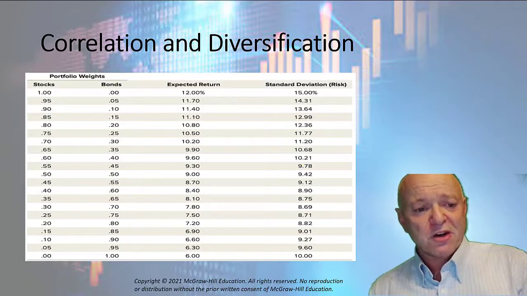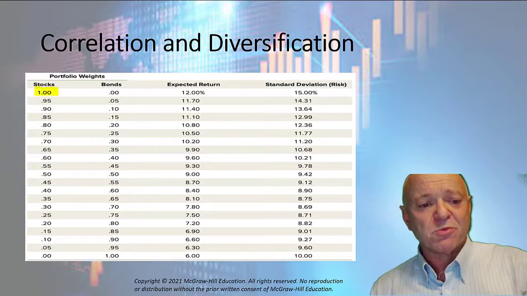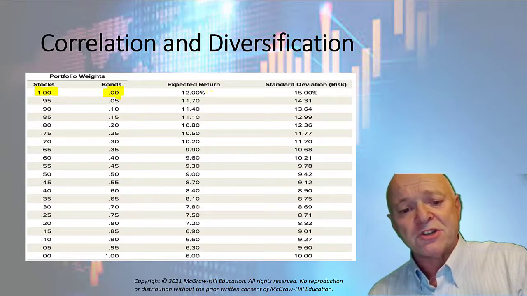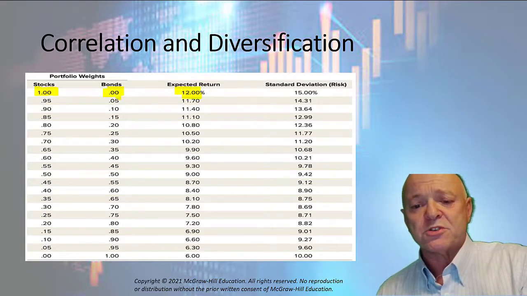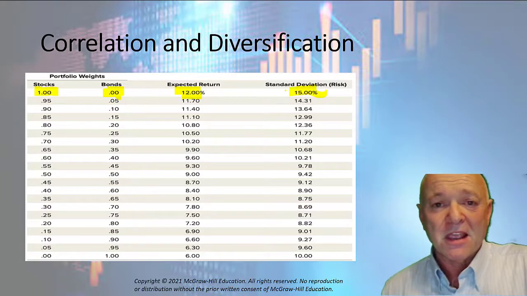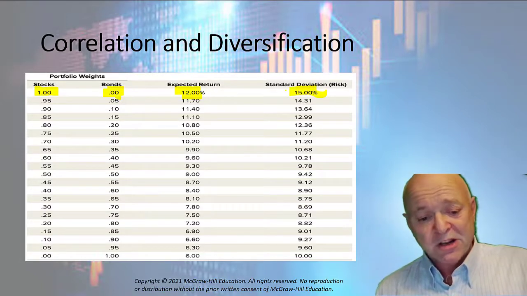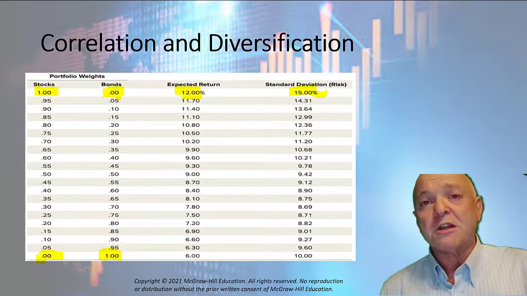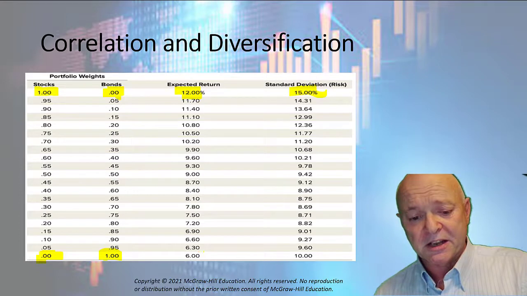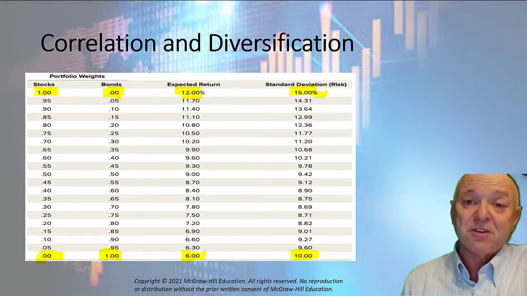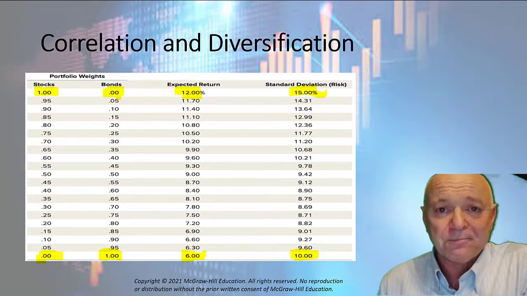If we go for an all-equity portfolio, this one on the top, and 0 investment in bonds, we can see that on average historically the expected return was 12% and the standard deviation is 15%. At the other extreme, we could go for a 100% bond portfolio and a 0% equity portfolio, and if we did that, we'd get a 6% rate of return and a standard deviation of 10%.